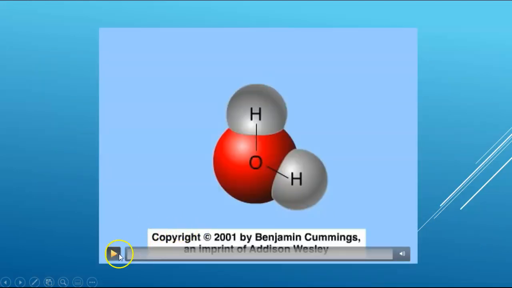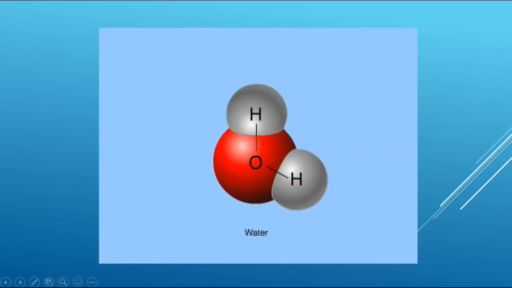All right, let's watch a video about water and polar covalent bonds. The atoms that make up a water molecule are in a constant tug-of-war over their shared electrons. Oxygen exerts a far stronger pull on the shared electrons than does hydrogen, and so the electrons spend more of their time closer to the oxygen atom.